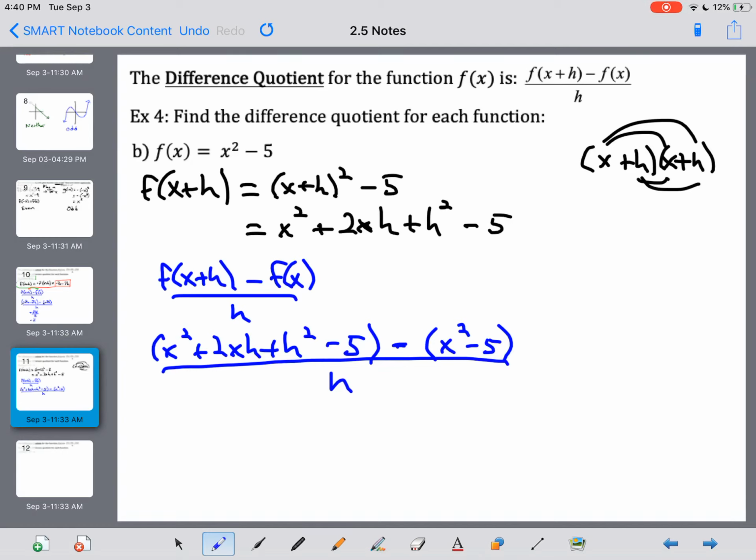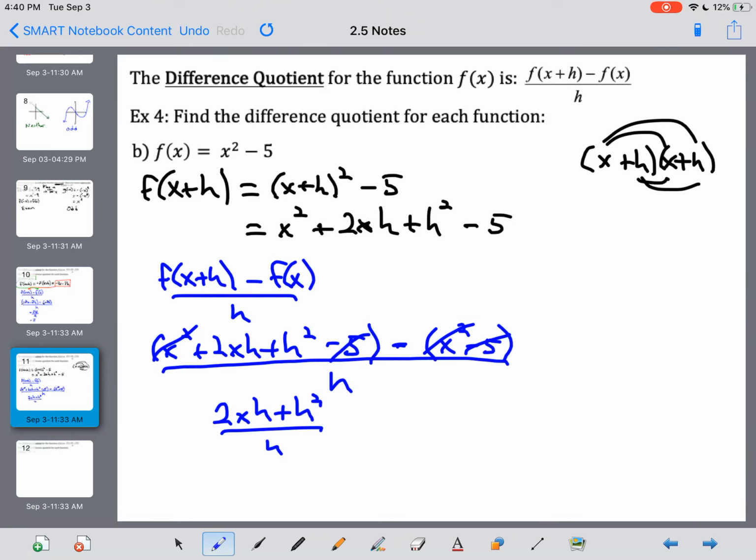So now at this stage, some things should cancel out. I've got x squared minus x squared, so those will cancel. And then I've got negative 5 minus negative 5, so those will cancel. And I'm left with 2xh plus h squared all over h.